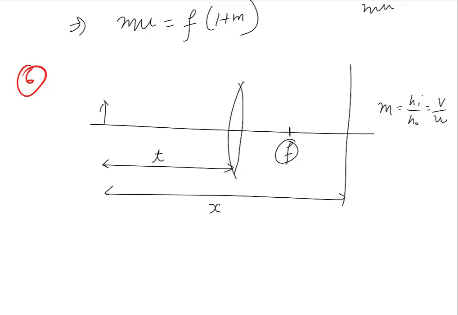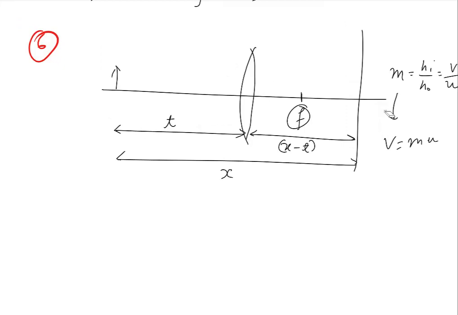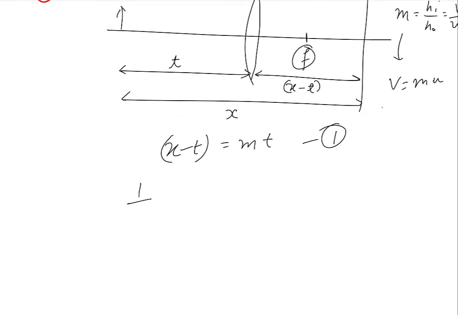So let's say this is t, this would become x minus t, and from here we can say that v equals m into u. So x minus t must be equal to m times t. So this is our first equation. We get the second equation from using the lens formula, that is 1 by f equals 1 by v minus 1 by u.